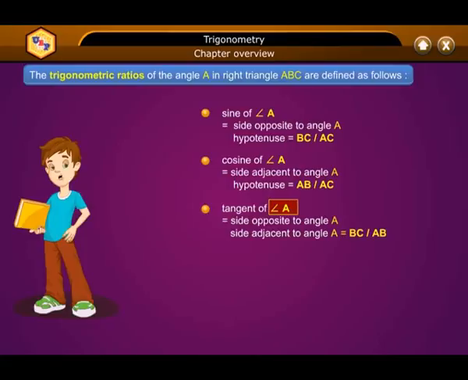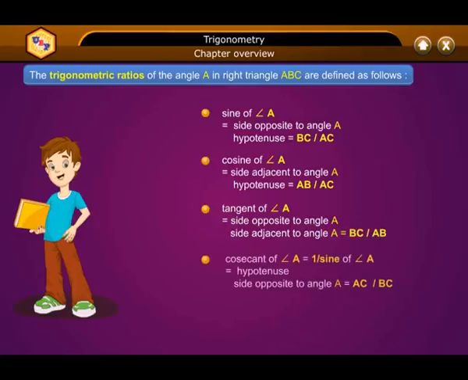Tangent of angle A is equal to side opposite to angle A upon side adjacent to angle A, equal to BC upon AB. 4. Cosecant of angle A is equal to 1 upon sine of angle A, which is equal to hypotenuse upon side opposite to angle A, equal to AC upon BC.